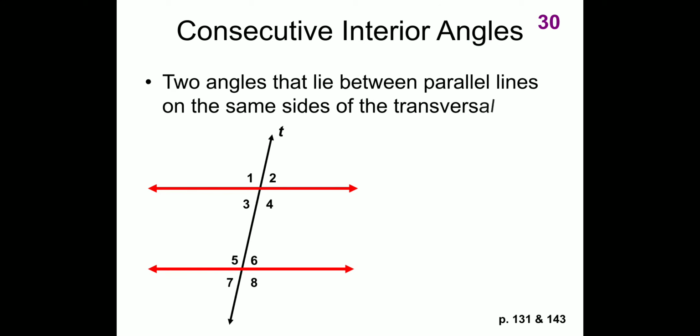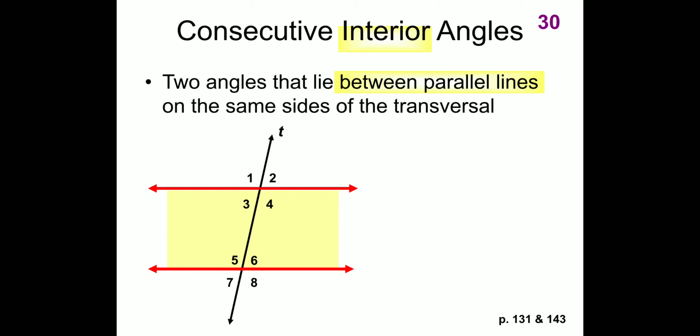Now let us see the consecutive interior angles. These are two angles that lie between parallel lines on the same side of the transversal. They are interior only, but on the same side of the transversal. They are between the parallel lines because they are interior; if they were exterior, they would be outside the parallel lines.